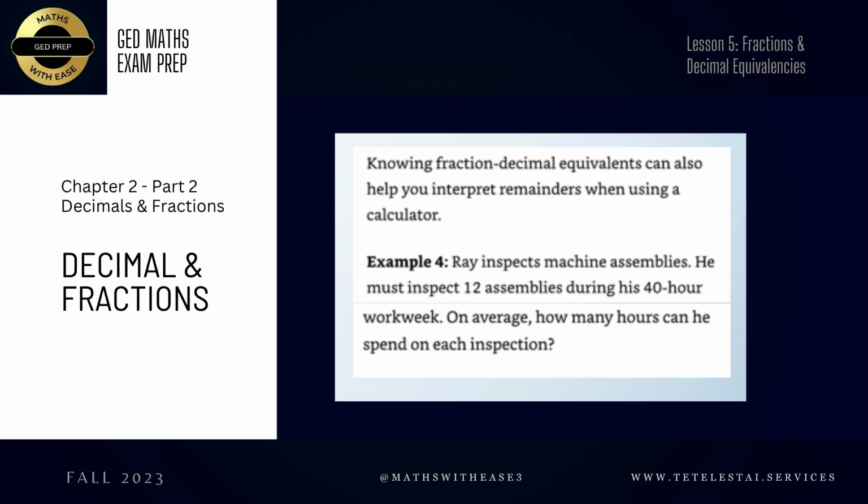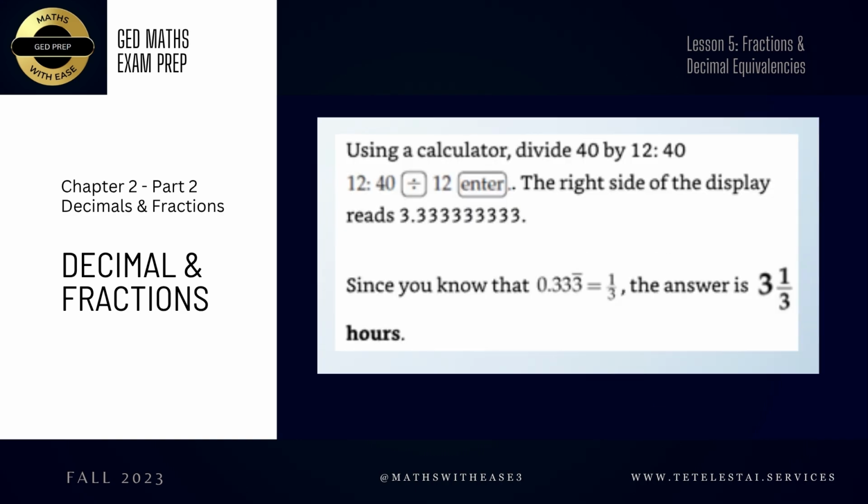Well, it's pretty easy, right? All we need to do is enter 40 divided by 12 into our calculator. The display would show your answer, which is 3.333 into perpetuity. Since you know that 0.333 with a bar on top is indicative of 1/3, you could just write your answer as 3 1/3 hours.